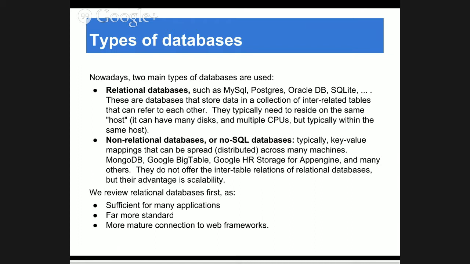Maybe they have additional features, but many of them implement key value mappings. So you can have a key and a value. The key is generally a string, and the value can be anything. It can even be a fairly large object. And the advantage of NoSQL databases is that they can be cheaper for very much larger sizes.